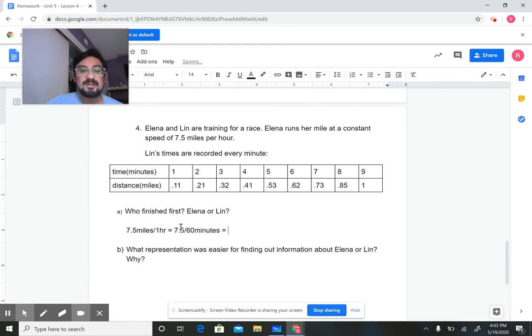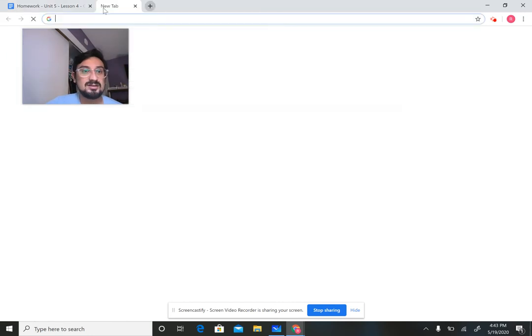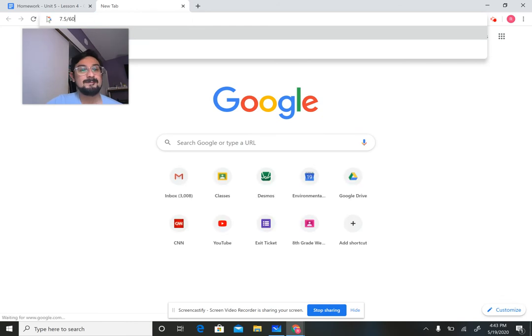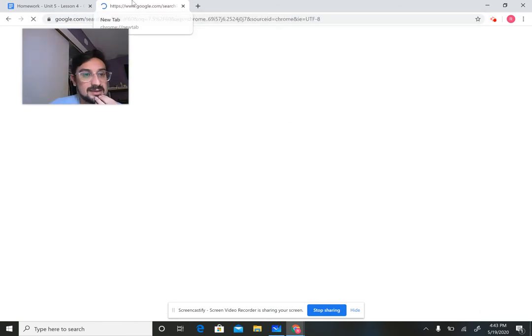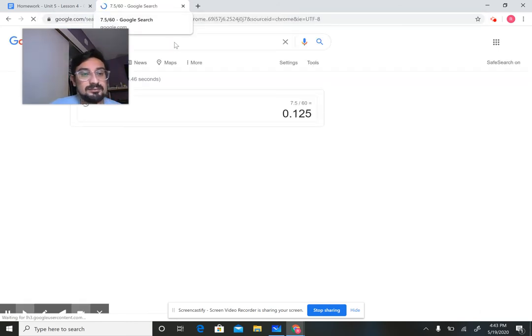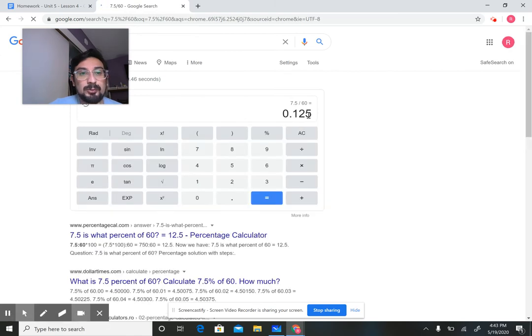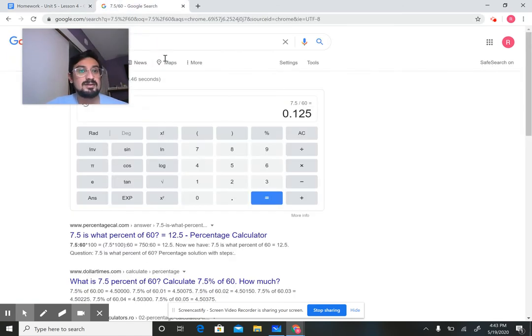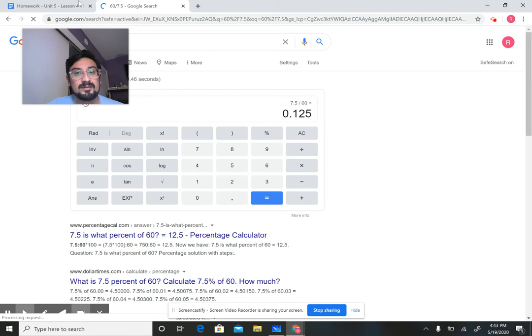which is the same as if we do that division, 7.5 divided by 60 is the same as 0.125. So let's do this, 60 divided by 7.5. 8.